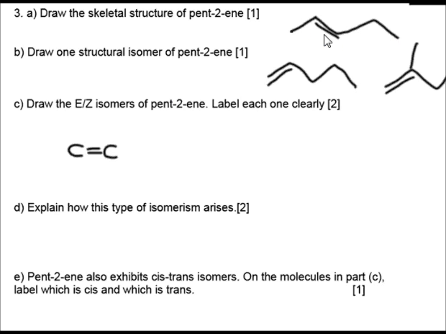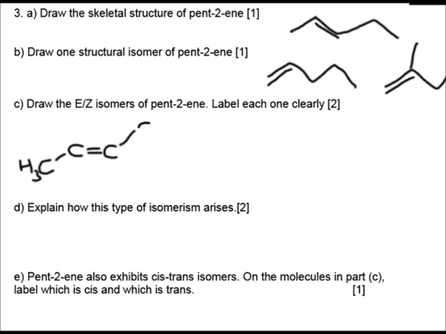If we look where the double bond is, we've got a methyl group on one side, so we can add that in. And on the other side, we've got an ethyl group, so we can draw that on. Now, depending on which side of the double bond I put this ethyl group will depend on whether it's an E or a Z isomer. Now, I'm not going to explain exactly what those are yet, because that comes in the next question.